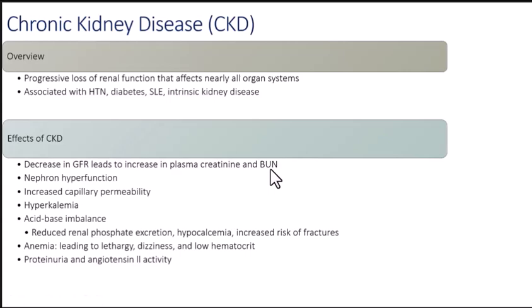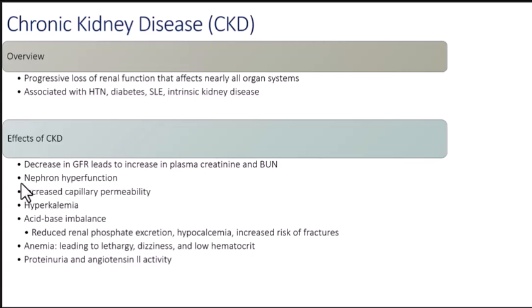Now, the kidneys have this remarkable ability to adapt to loss of nephron mass, because we know that we have upwards of 1.2 million nephrons per kidney, and not all of them are going to be damaged in especially the early stages of chronic kidney disease. And so what is evident is that some of the other nephrons, the healthy nephrons, are going to undergo compensatory hypertrophy, and so they can compensate for the injured nephrons.